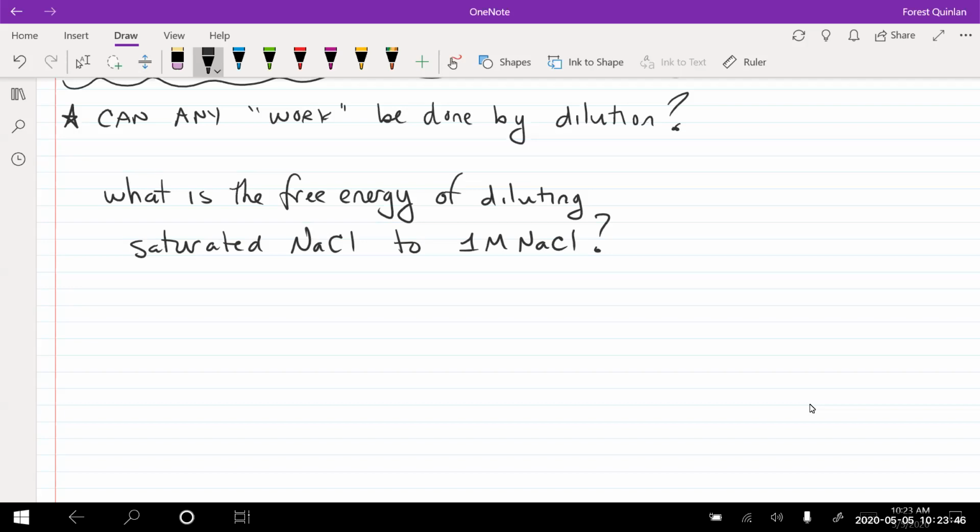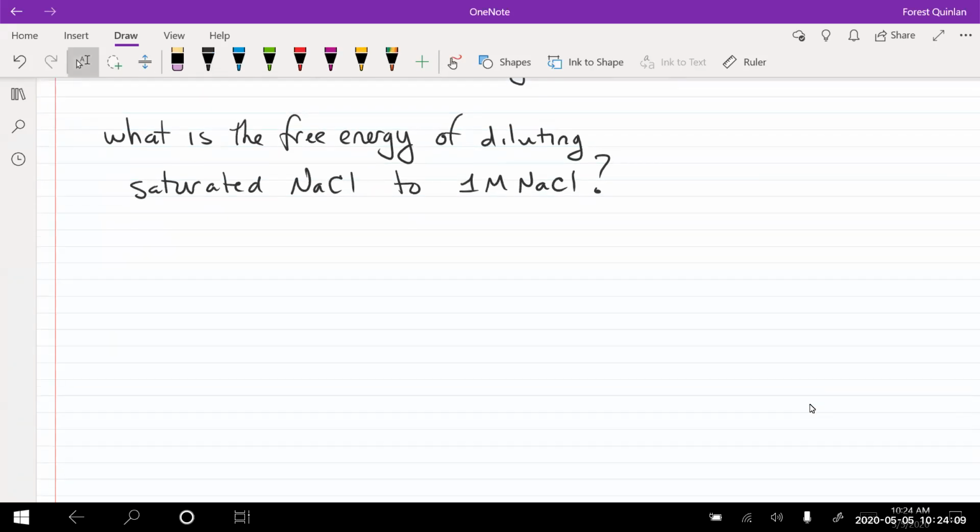So what I've done is I've taken my salt, I have dumped it into a container until it can have no more. I'll go ahead and decant off that solution. So I just am left with the saturated solution, no solids left in the container at all. And now I want to go ahead and dilute it to 1 molar. What's the free energy of that? So, dump salt into water until it can hold no more.